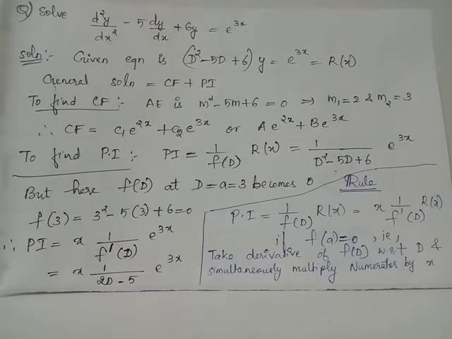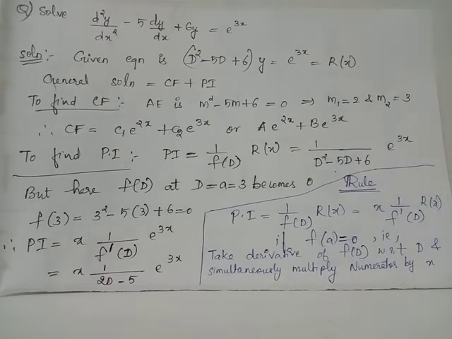PI equals 1 by f of D acting on RHS, which is e raised to 3x. We have f of D is D square minus 5D plus 6. Whenever we have r of x as an exponential function where a is the coefficient of x in the power part of exponential function, we will give D equals a in the expression of f of D. That is, here we have f of D equals this expression, and a, which is the coefficient of x in the power part of exponential function, is 3 here.